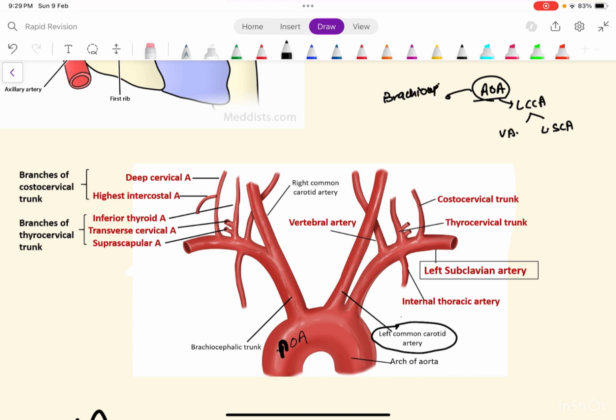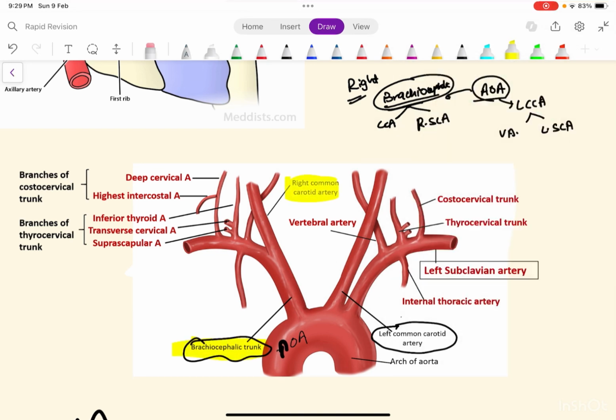But on the right side, it's a little different. We have the brachiocephalic trunk. From this brachiocephalic trunk, you will see the right common carotid artery and then the right subclavian artery. So this is the extra thing that is present on the right side.